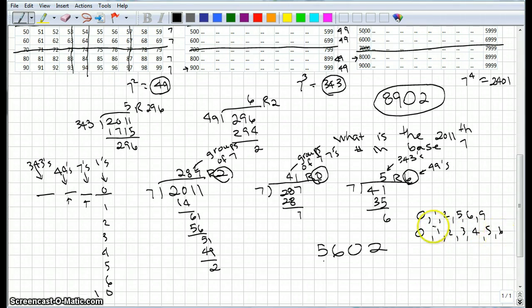Did I miss something here? What did I leave out? Oh, I've left out the 8. That's the problem. All right, so let's put the 8 in here.